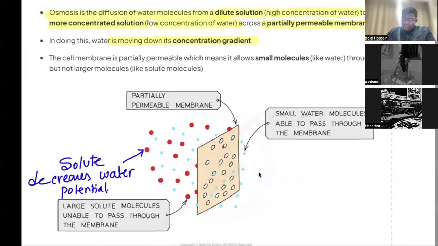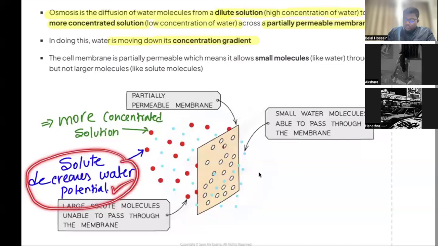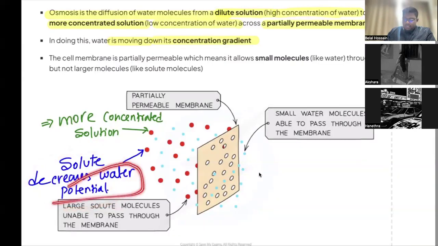But how to understand this in common knowledge? This will be referred to as a more concentrated solution. Whenever you cannot understand what is low water potential, then refer to it as a more concentrated solution or low concentration of water.